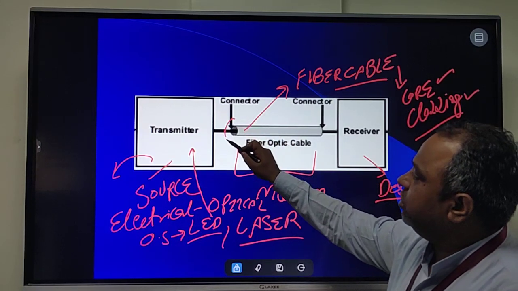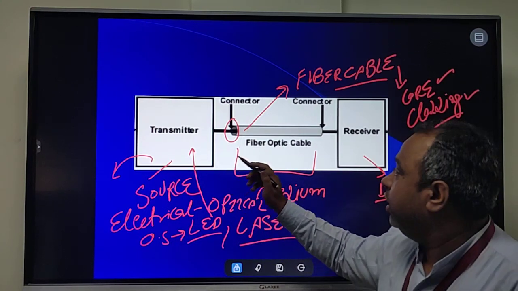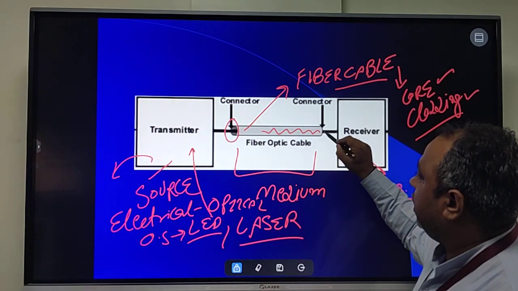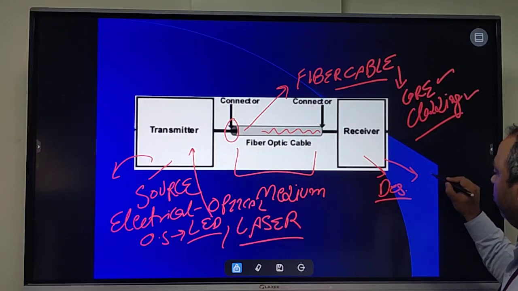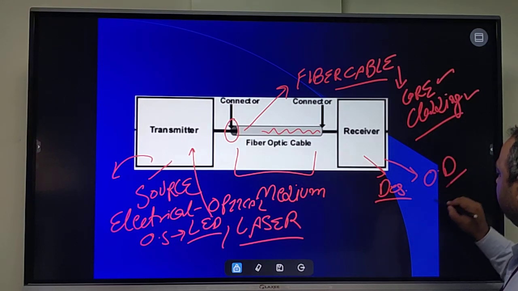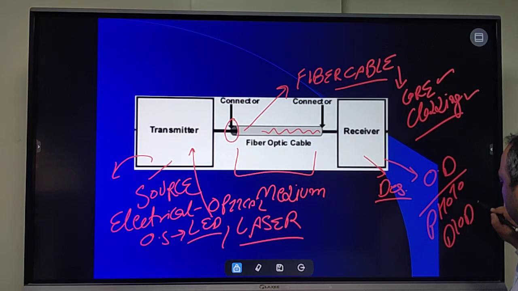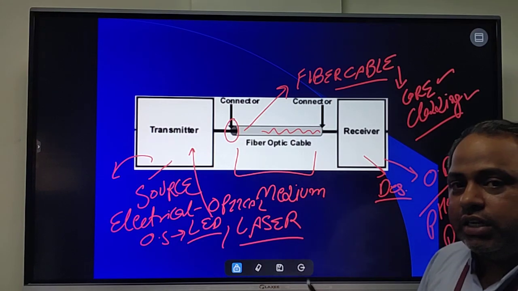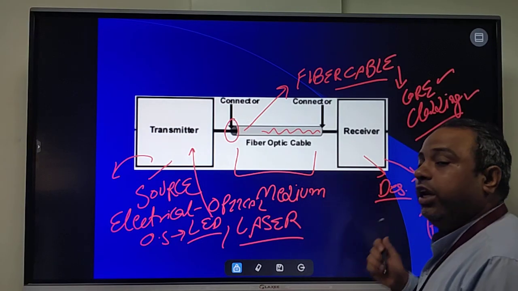This is the source where the connector connects, and the signal comes and passes on that path. After the optical fiber is connected, the signal passes like that. The connector is connected to the receiver, and at the receiving end we use an optical detector, which is a photodiode. A photodiode converts the optical signal into electrical form.